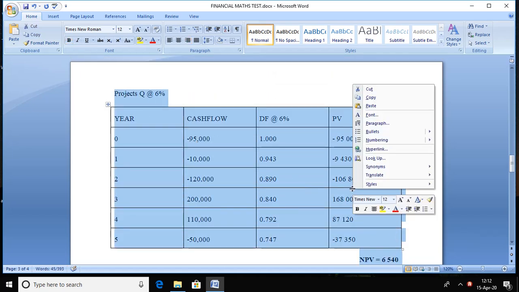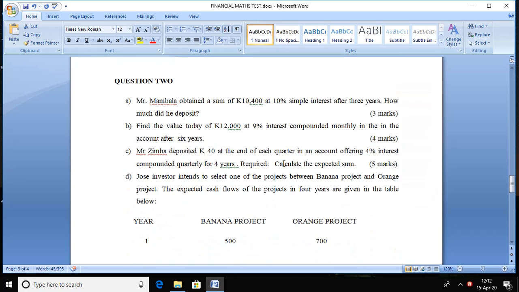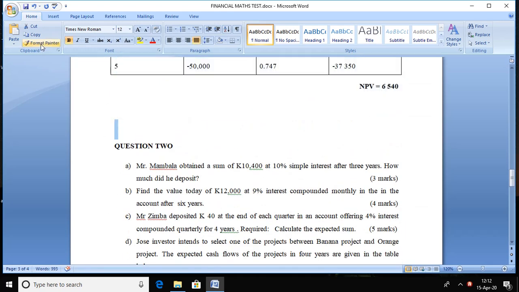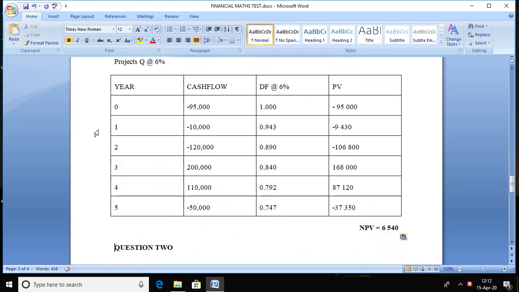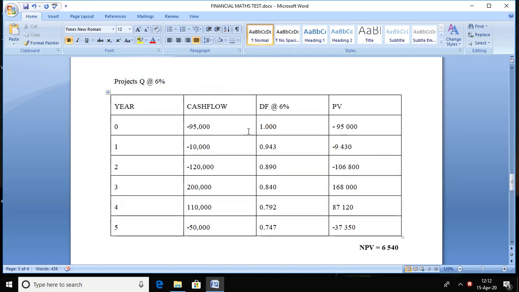So borrow that table, duplicate it down there. So now we are talking about Project Q at 8%. So these are going to change. We are going to our NPV table at 8%.